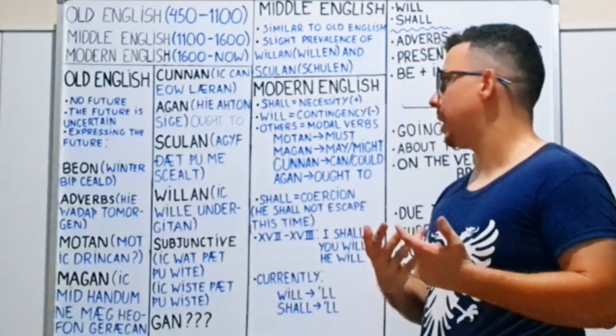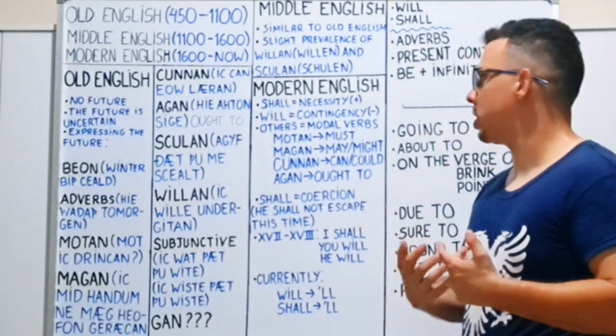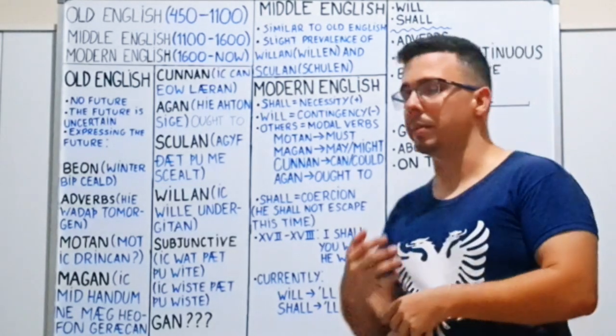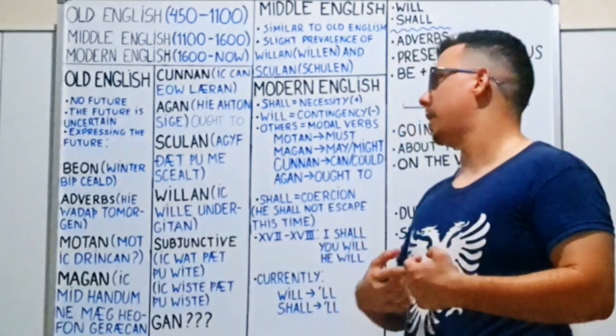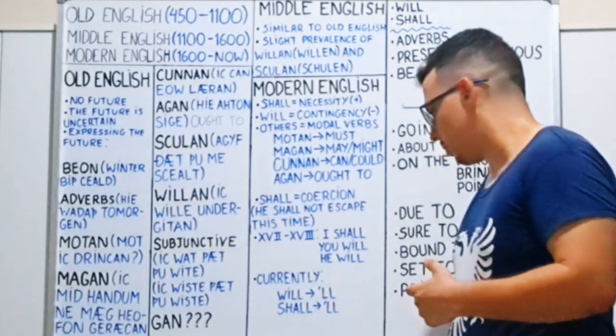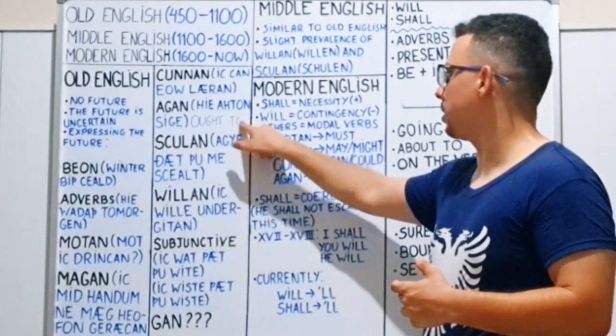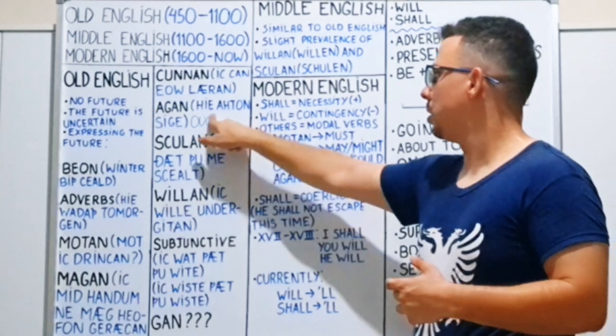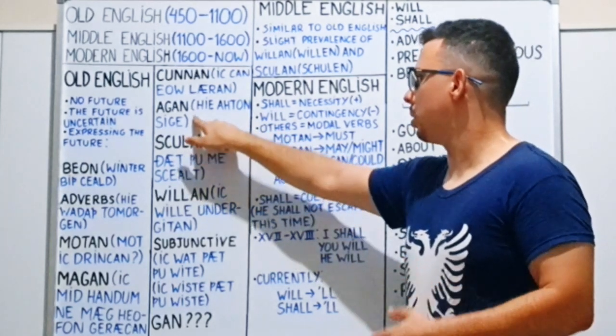And that's understandable because it's much easier to just convey the idea of something being necessary to happen than using will in the sense of contingency, right? Let me erase this right here, or to. Okay.